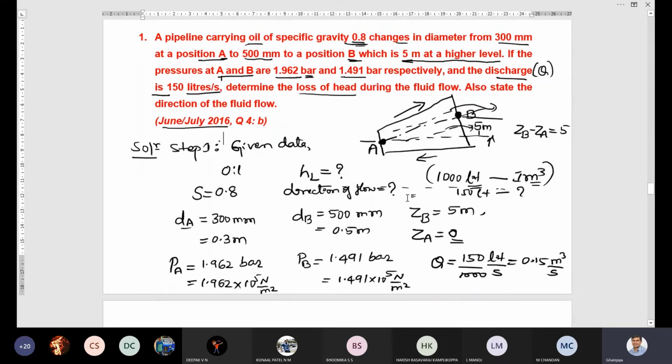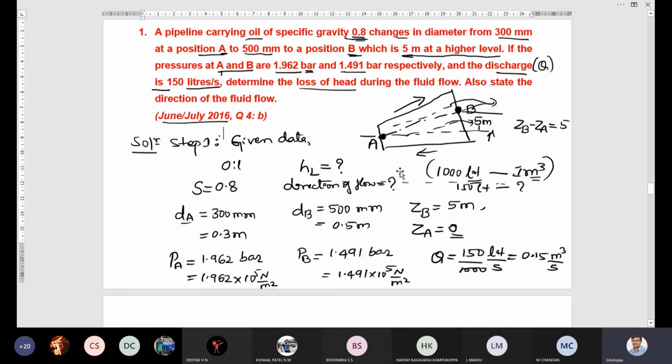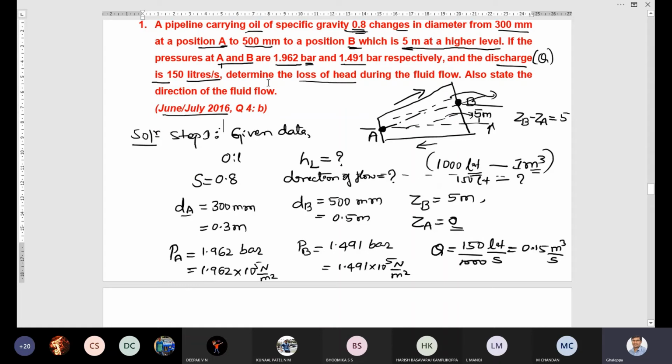Okay. So wherever the high pressure is there, you take it as the inlet, and the lower pressure you take as the outlet. So inlet to outlet, this will be the direction of the flow. Later we'll write. So to determine the loss of head, first we will write the Bernoulli's equation. Step number 2.